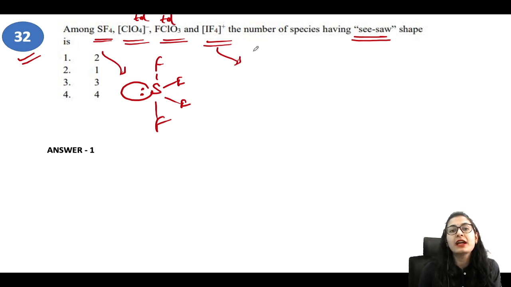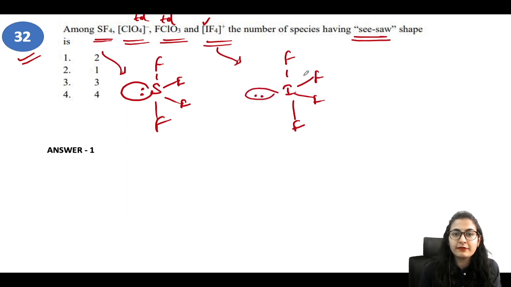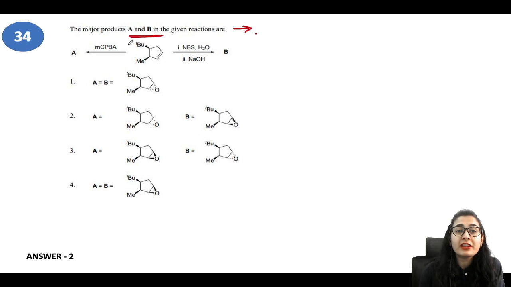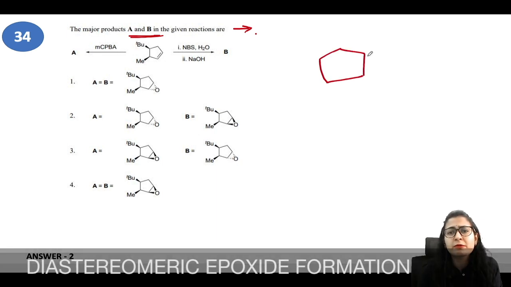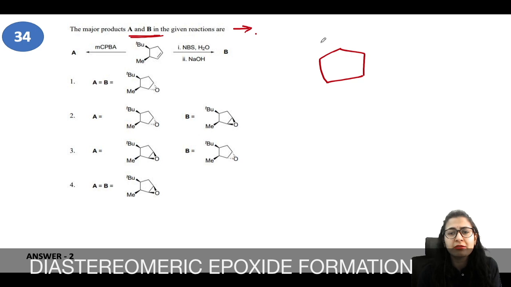IF4 plus: when the positive charge is present on iodine, it will have the same number of electrons as sulfur, so this will again give you a seesaw structure. So again a very repeated question, and this is repeated from the very old CSIR NET paper, around let's say June 2015 or 14, somewhere like that.